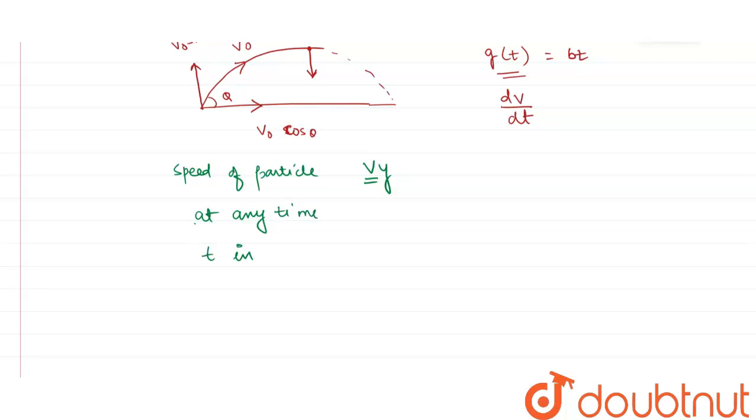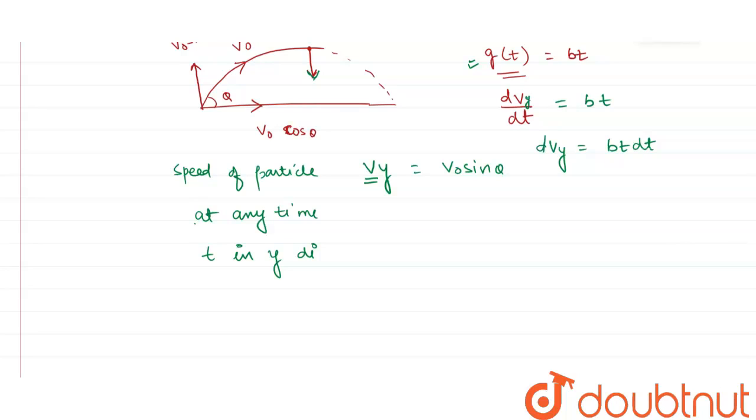So there are two velocities in the vertical direction, one is v naught sin theta, and the acceleration is also acting in the downward direction, given by bt. So I can write dvy upon dt equals bt, because acceleration is basically change in velocity with respect to time. So dvy equals bt dt.